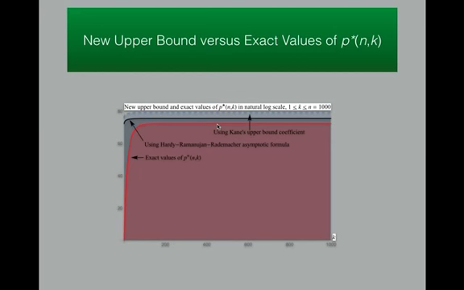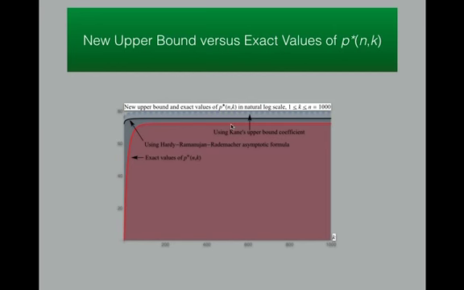And so that ends up basically causing this gap, more so for the upper bound with Keynes' upper bound coefficient than with the asymptotic value. But it sort of suggests again that for K exceeding a certain small number here, somewhere in between 1 and 200, the curves become close together.